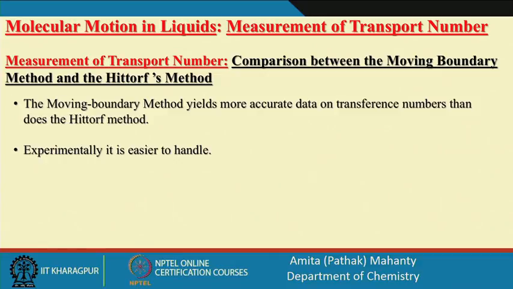Hittorf's method is one of the oldest methods available to us, but it involves a lot of hands-on experiments. Monitoring of the concentrations of each compartment has to be done for each electrolyte system and its electrodes.